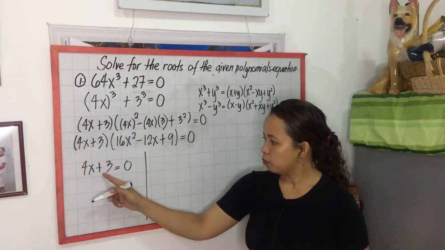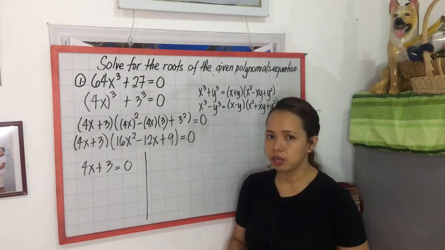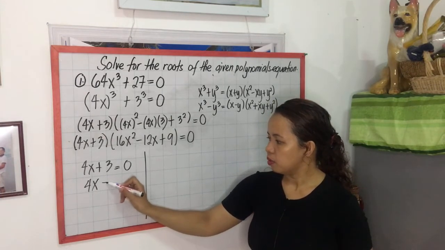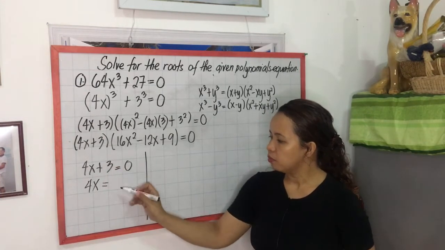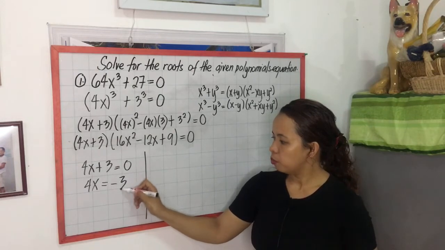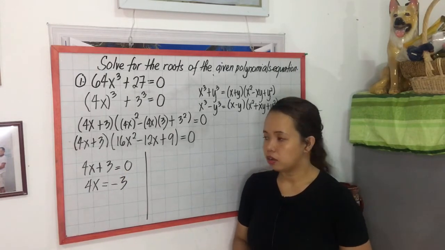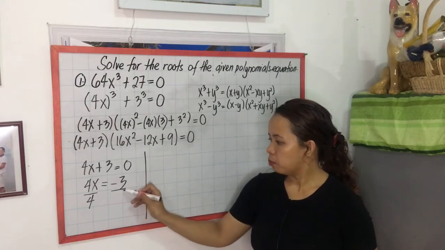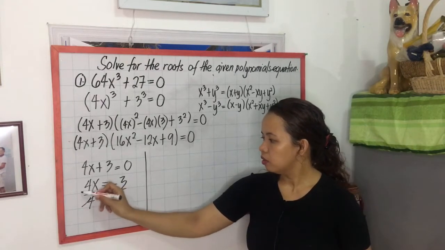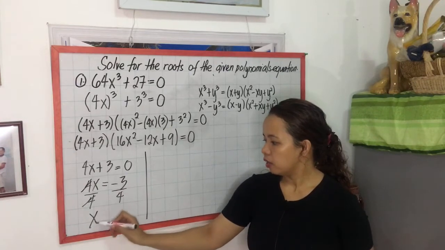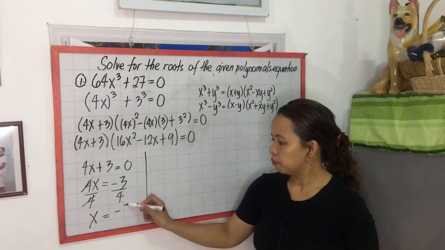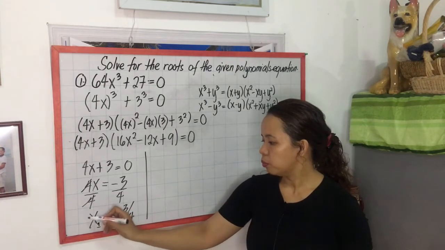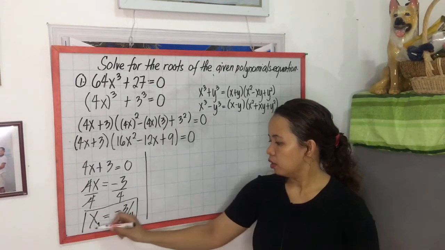So we can move 3 to the other side of the equation, turning this one into 4x is equal to, since this is positive, it will be negative when you move it to the other side. And then we divide by 4, divide by 4, and then cancel. So now we have x is equal to negative 3 over 4. So this is our first root, or x sub 1.